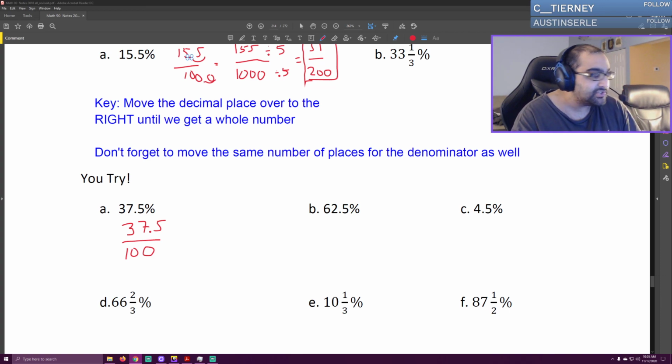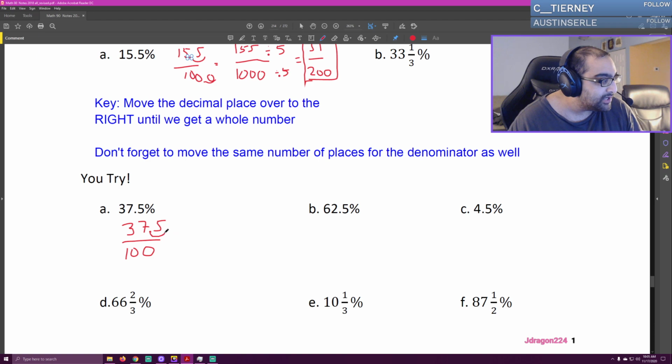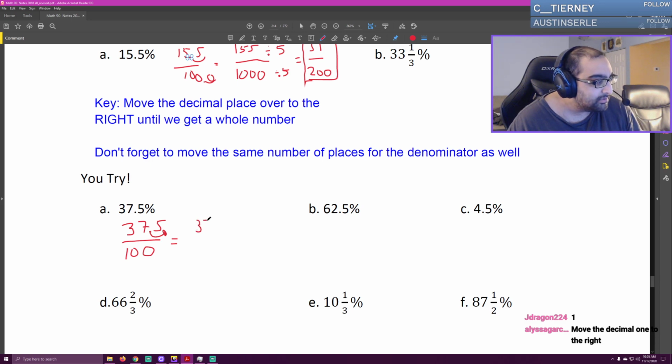So how many places to the right? All right, good. We're going to move this 1 decimal place to the right to make this a whole number here. Okay, good. That's going to be 375.